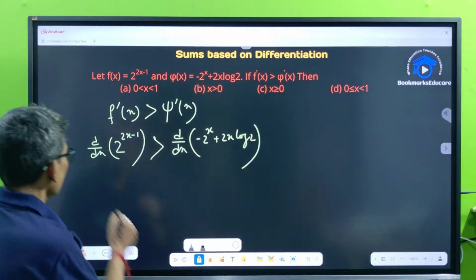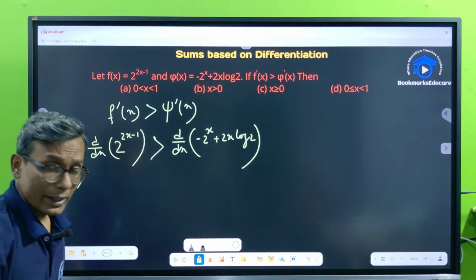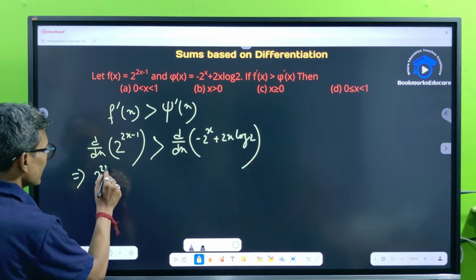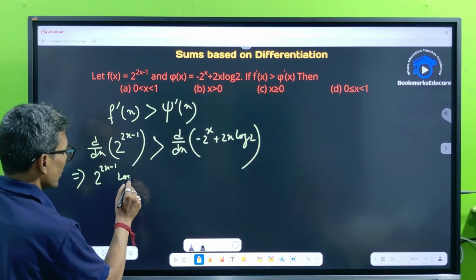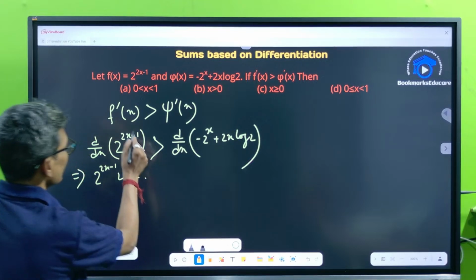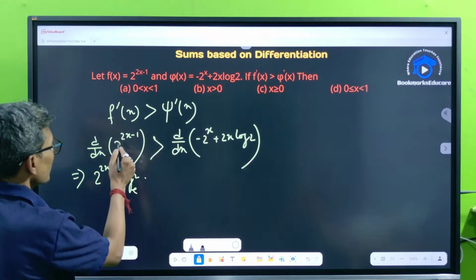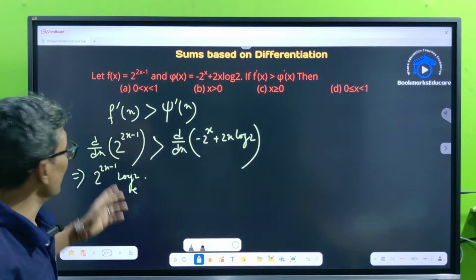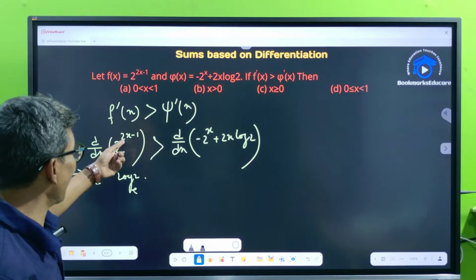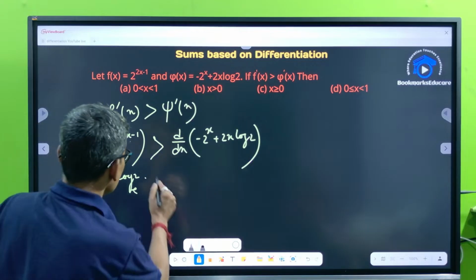So d/dx of 2 to the power 2x minus 1 means 2 to the power 2x minus 1 into log 2 to the base e, into d/dx of 2x minus 1, applying the chain rule, which gives into 2.